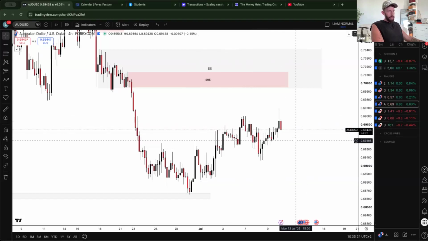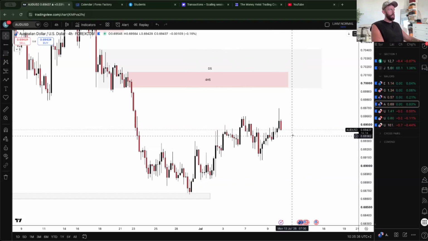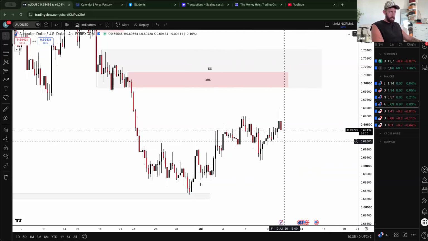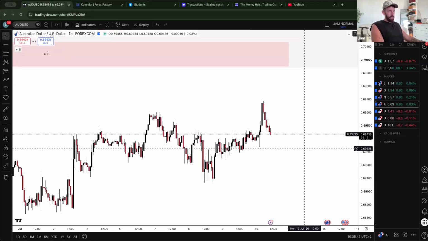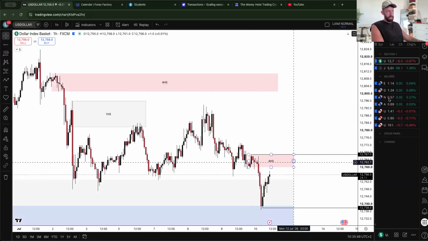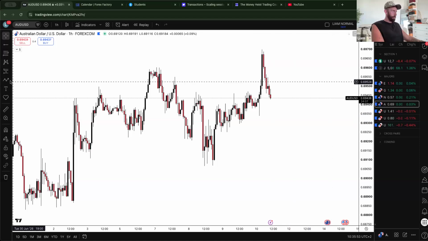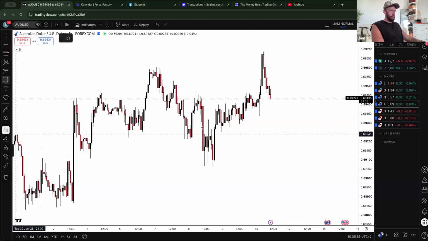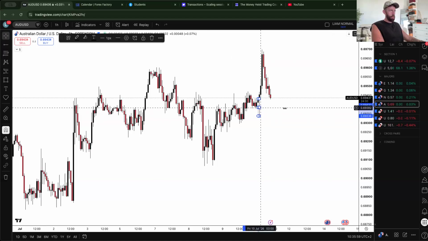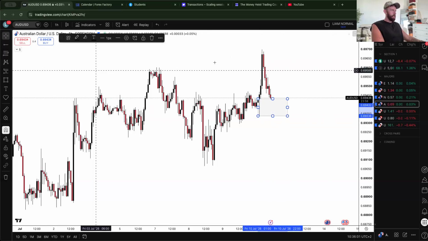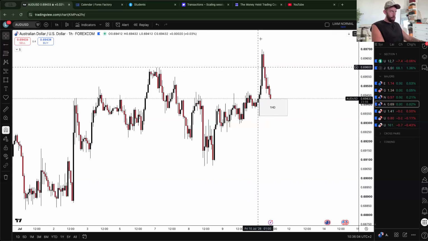Me being honest with you, AUD USD is not my favorite to look at. It's probably my least favorite at this moment in time, so I'm not even going to discuss anything. We'll go down to the one. Let's have a look quickly. The only thing I can talk about is if the dollar, like I said, gets this supply, I would then potentially be looking to see if market gives a reaction from where it's at right now, which would be this 1 hour demand area consolidation, bullish reaction.